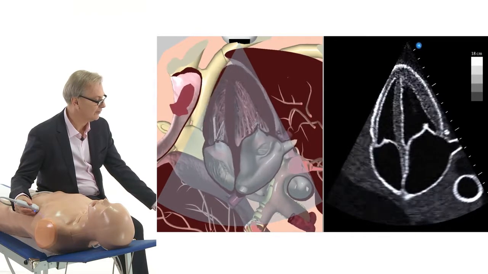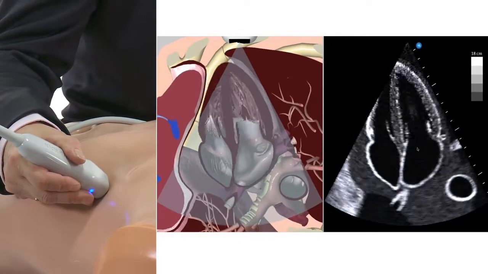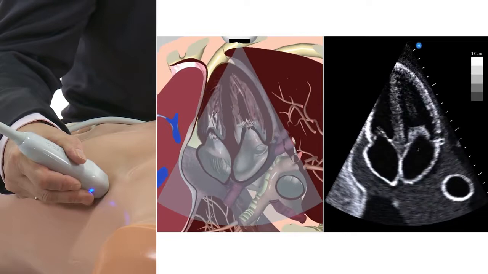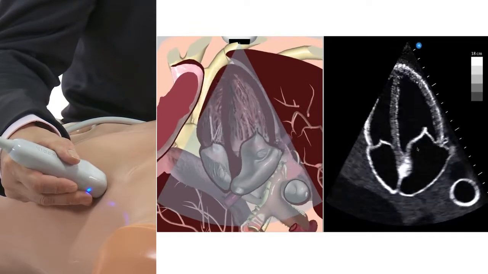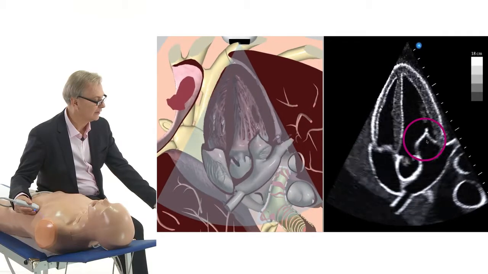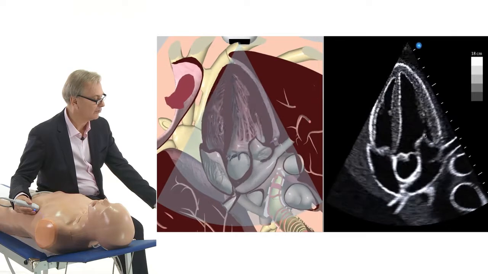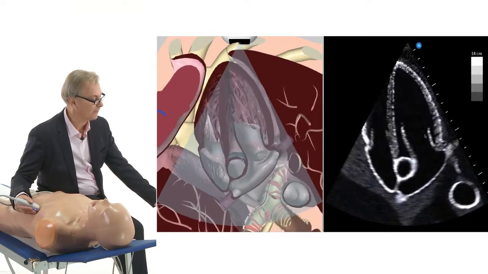Look for regurgitation, and then again scan, tilting that transducer more caudally, and then back up until you see the aortic valve also in your field of view, and that would give you the more cranial portions of the mitral valve.